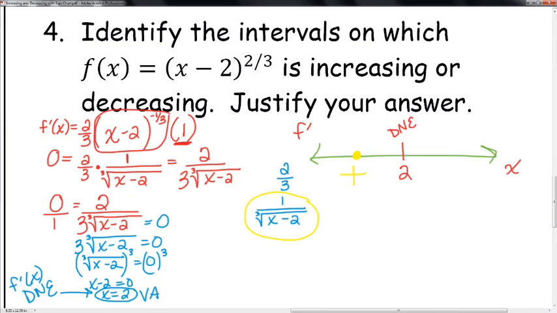That's going to give me a negative answer. I can take the cube root of a negative, and that'll give me negative. So we're talking about 1 over the cube root of negative 2, which is going to give me a negative answer. That negative is going to come out because I can have a negative times a negative times a negative. That's what the cube means. That's okay.